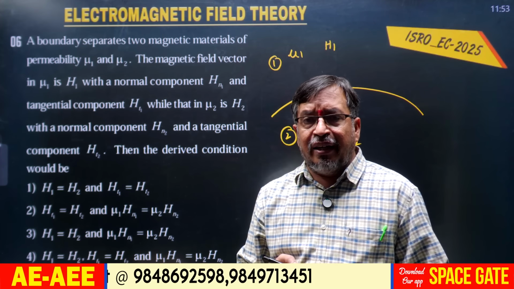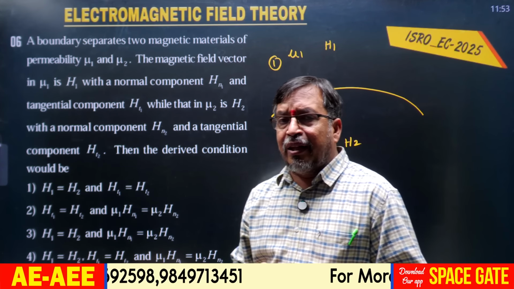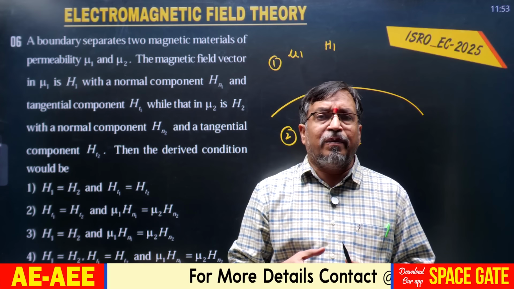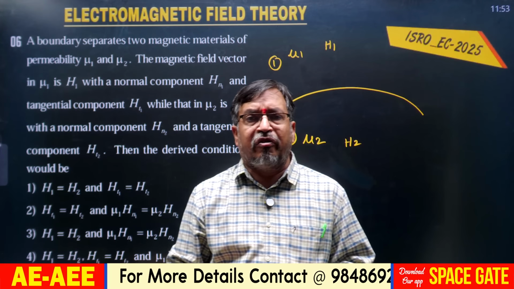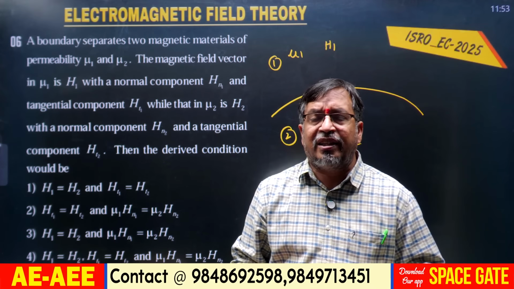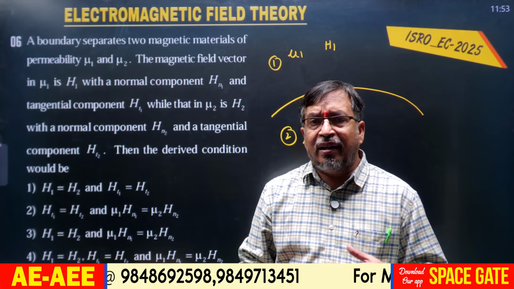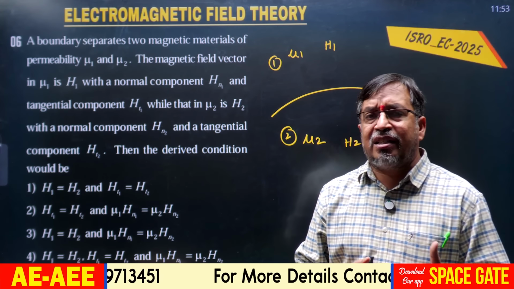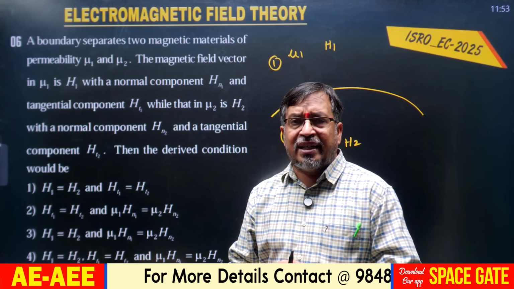So students, in field theory, the main importance of this boundary condition is to determine the field component of one medium if we know the field component in another medium. And here the field components are vector components which consist of magnitude as well as direction.